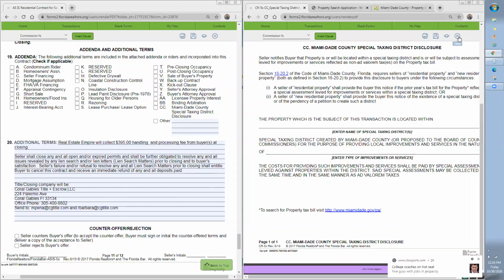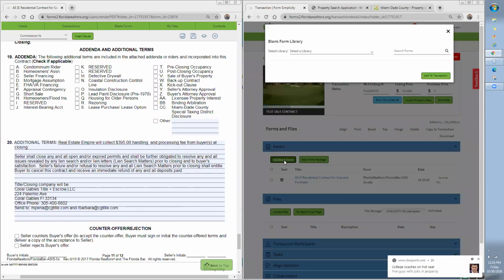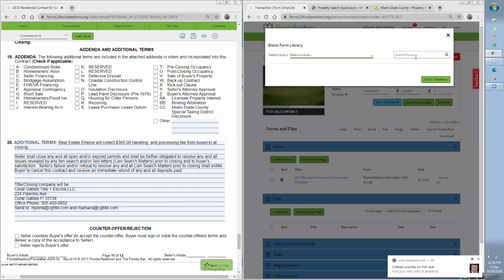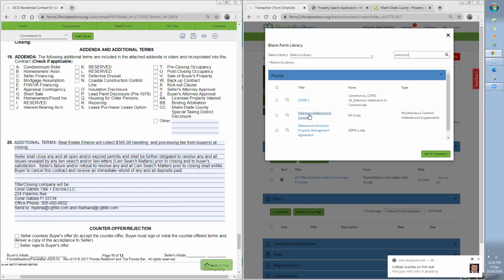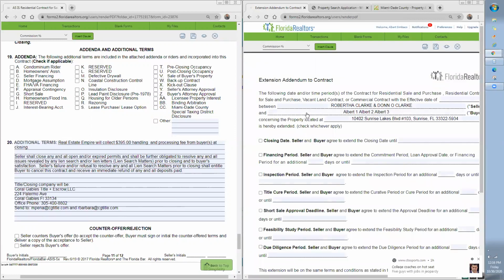And the other addendums that you can use while you are under contract is specifically 2, okay? The extension addendums are if there are any extensions that need to be done on the closing or anything else, right?